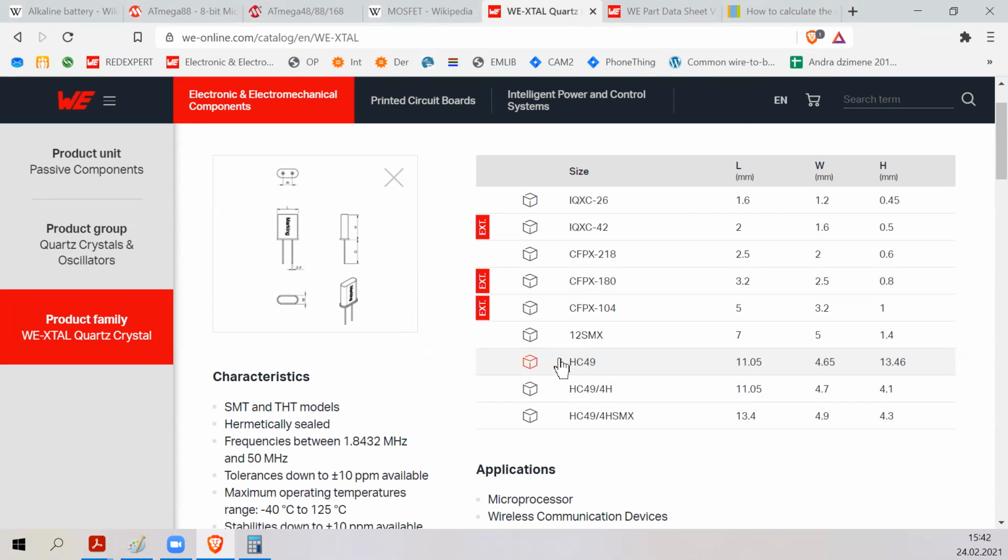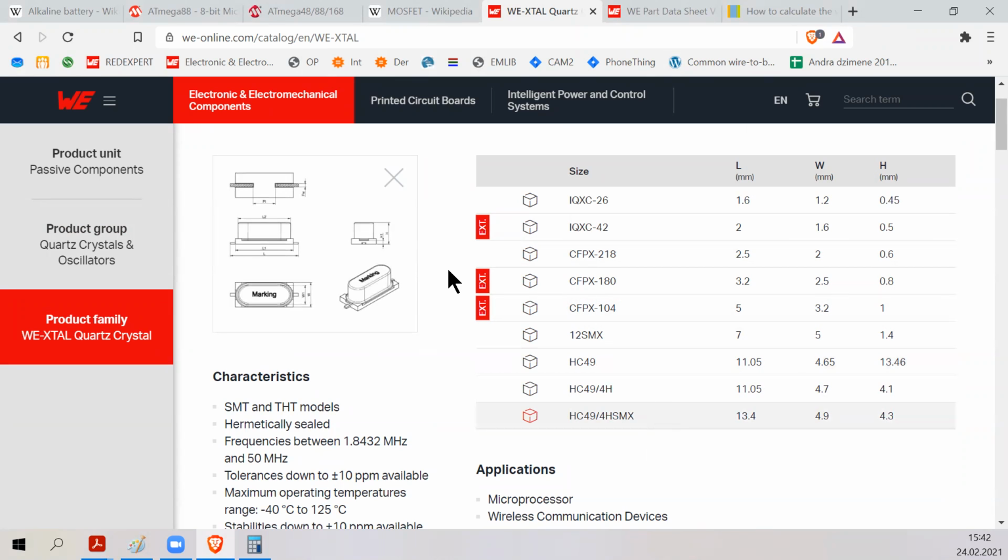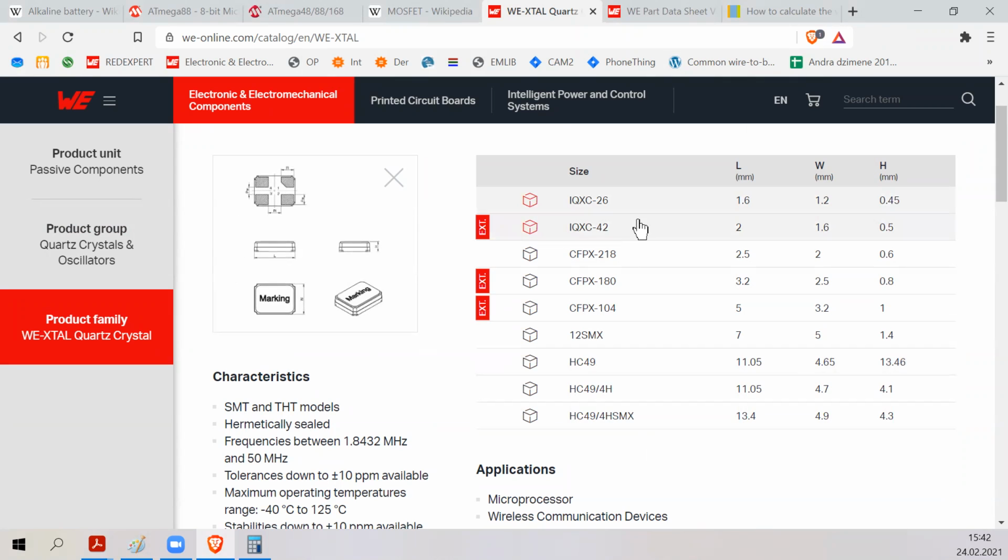They are cheap, but they're big. They take a lot of space on the board, so mostly people would want to use something smaller. But unfortunately, smaller is more expensive. As you can see, these smaller crystals have 4 pins, but 2 of them just connect to ground, and they have a metal cap, so the connection to ground just shields it from radiating these noises out.